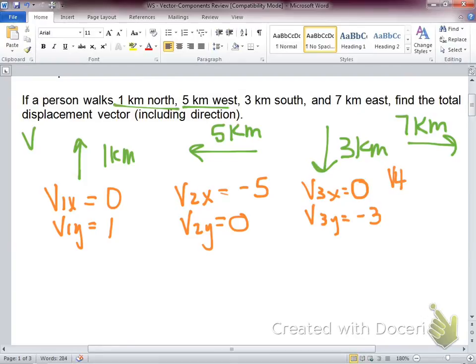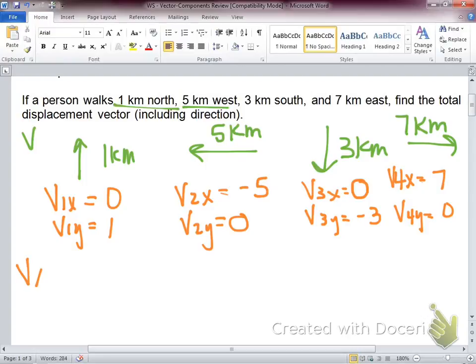V sub 4x is 7, and v sub 4y is 0. Okay, do we see where all those components came from? Again, breaking those into x and y is kind of an extra step. You don't have to do that, especially because they each work with only cardinal directions, but we can to make it a little simpler.